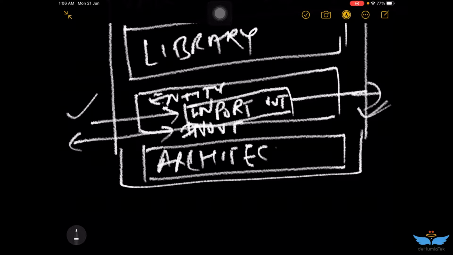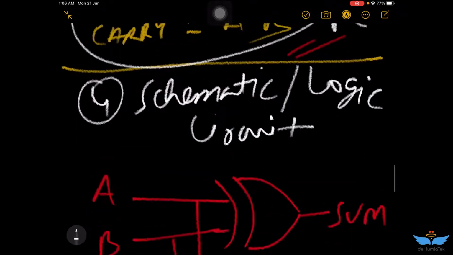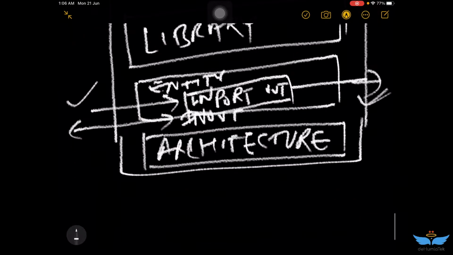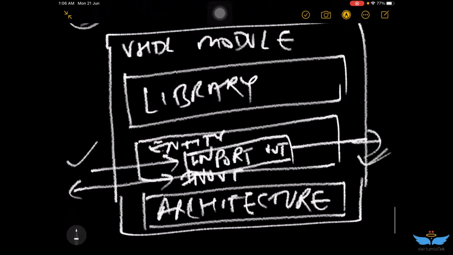The third one is the architecture. The architecture is where we'll use the Boolean functions we have got, and design the architecture for this module, so that whenever we send the input, the major work, the addition, happens in this architecture.